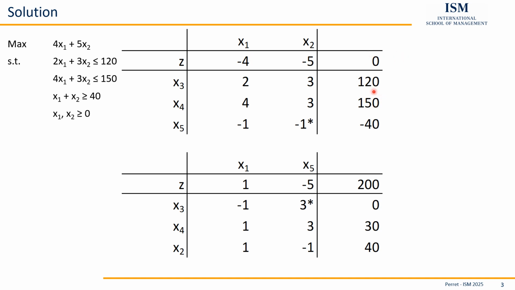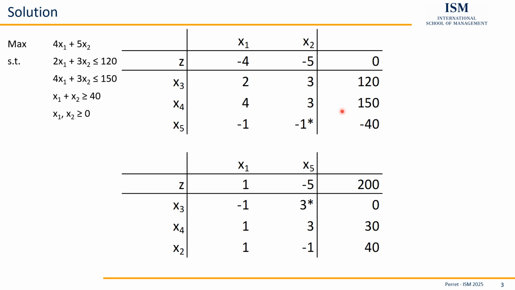For this, we're going to use some rectangle scheme. What do I mean by this? Well, if we want to change this 150, we can consider the 150 as one corner of a rectangle and the pivot element as the opposing corner. Then we recalculate the value by taking this corner minus this corner times that corner divided by the pivot element. So in our case, we would go with 150 minus 3 times -40 divided by -1.